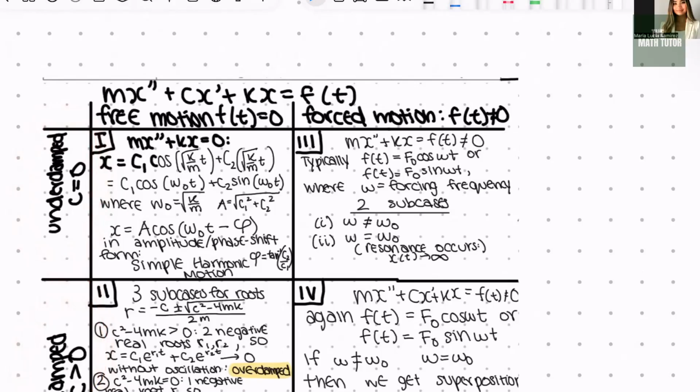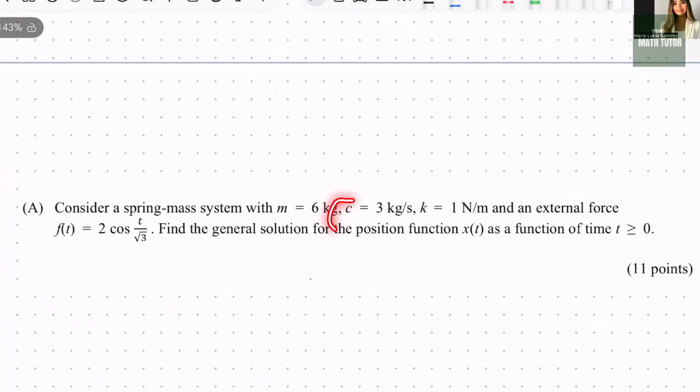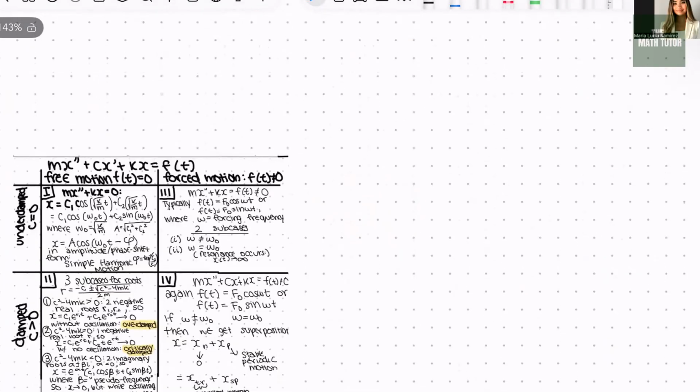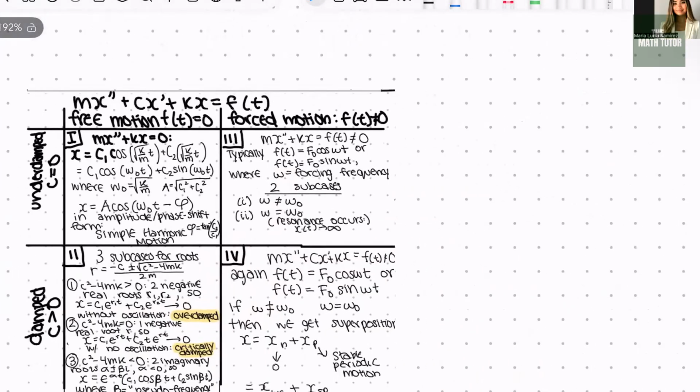With this problem, it's gonna be damped, I'm pretty sure. So it's damped. I would highly recommend screenshotting this or copying it down into your notes to practice with if you don't have a formula sheet for your final. But this was very useful when I took my final.